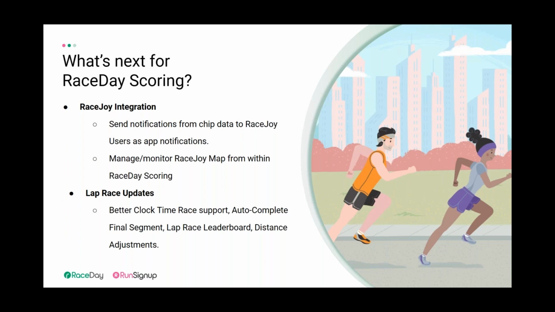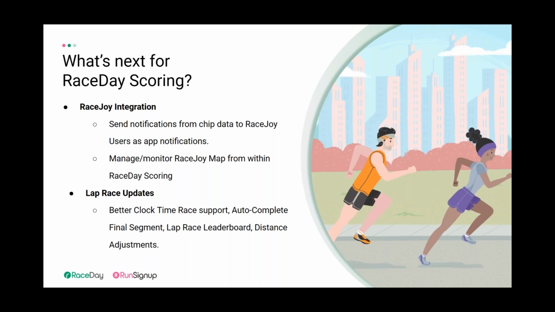So instead of sending text and emails, we are going to allow you to send your chip data from RaceDay Scoring to RaceJoy users directly. This will be really cool. A lot of users are familiar with in-app notifications these days. They could be a whole lot more flexible than text and email. And there's not going to be any issue of people getting it marked as spam or something like that.